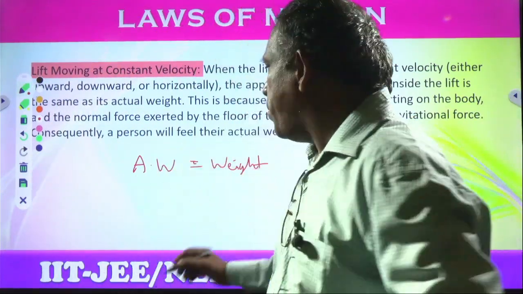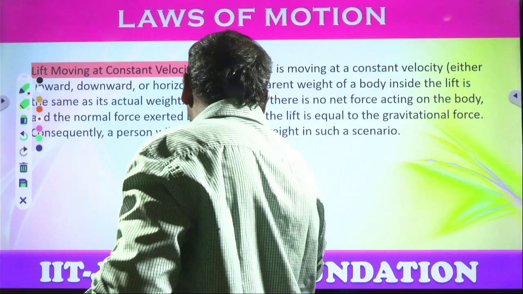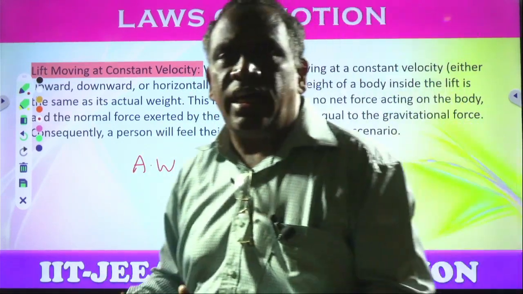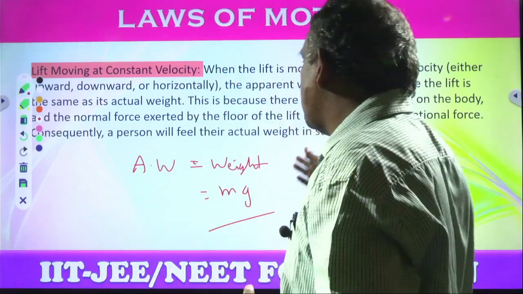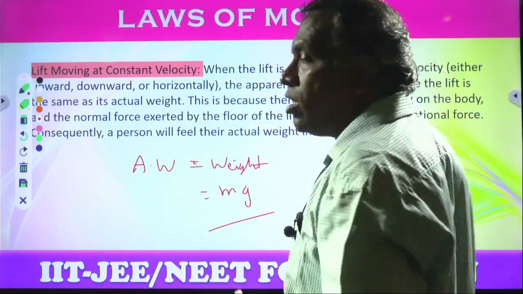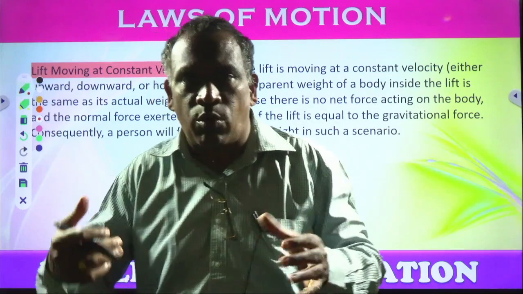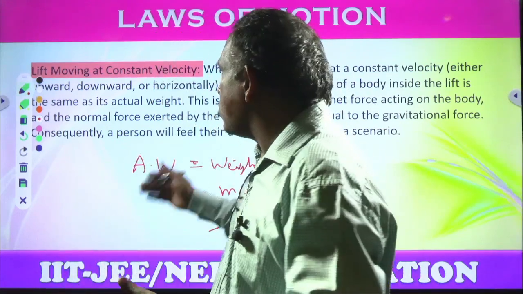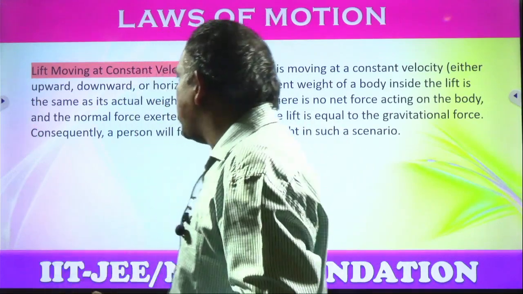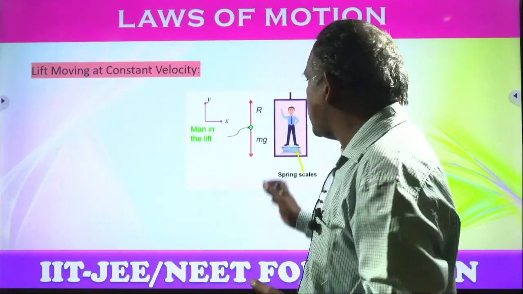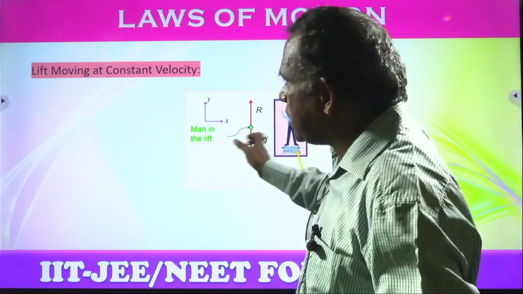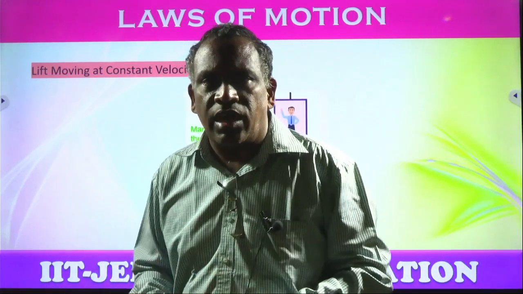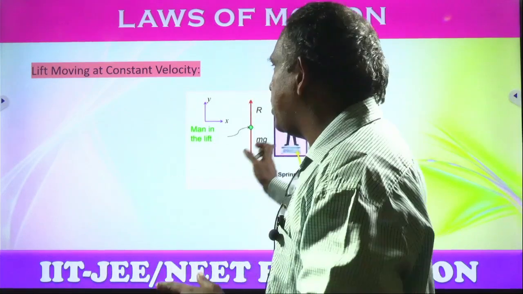Hence the apparent weight can be written as mass into acceleration due to gravity, mg. When the lift is moving with constant velocity or when the lift is stationary, both are the same case.